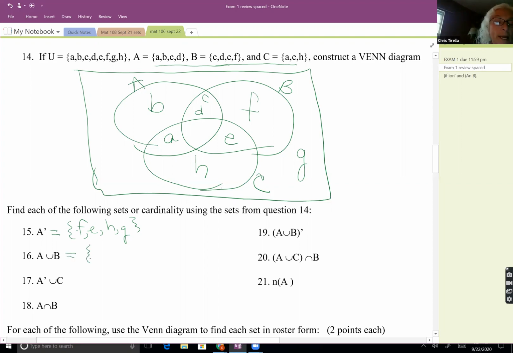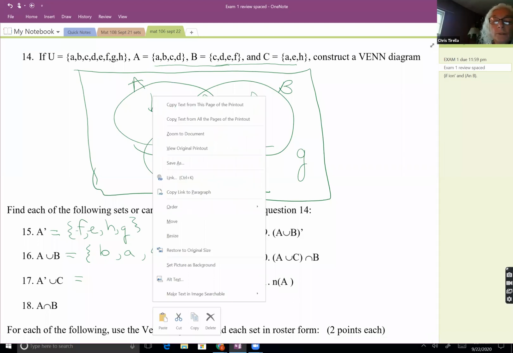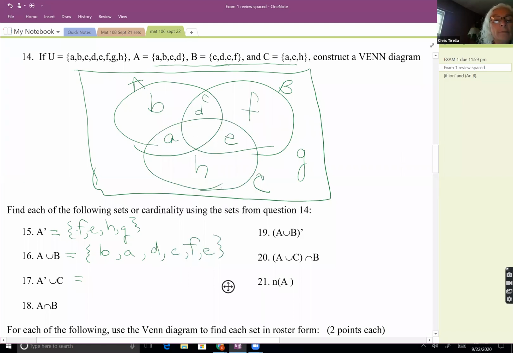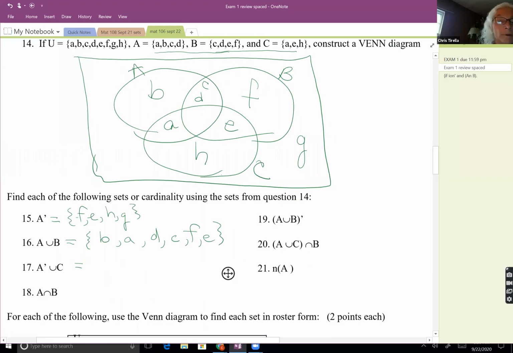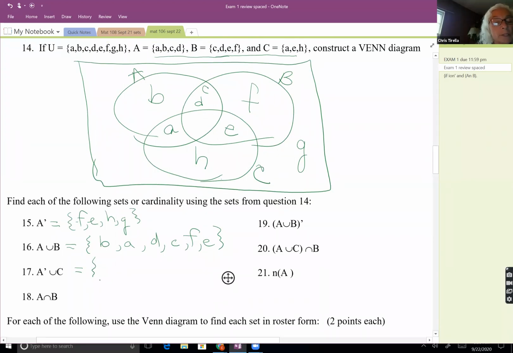What's A union B? B, A, C, D, F, E? I heard it wrong for a second, I'm sorry. Next one is A complement union C. So we're going to start this with A complement, which we found already.